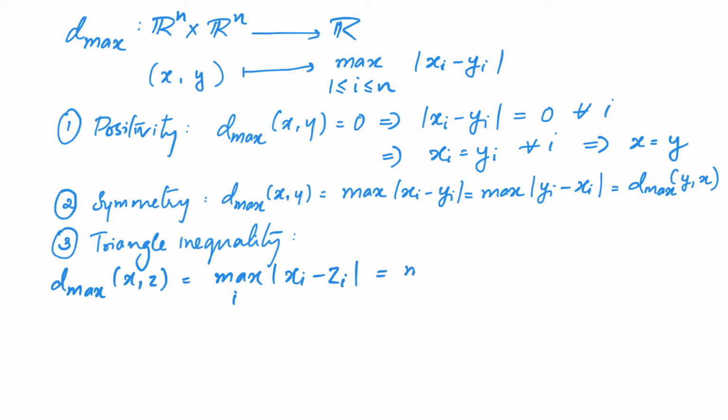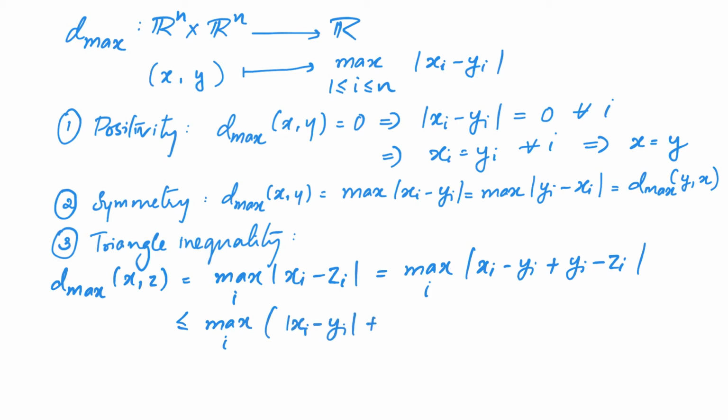But |xi − zi| is equal to |(xi − yi) + (yi − zi)|. The triangle inequality tells us that this is less than or equal to |xi − yi| + |yi − zi|.